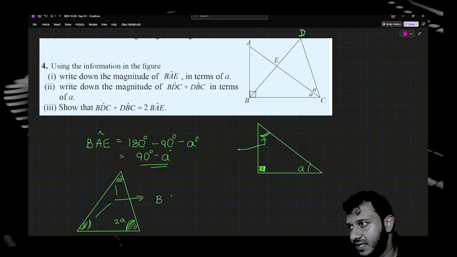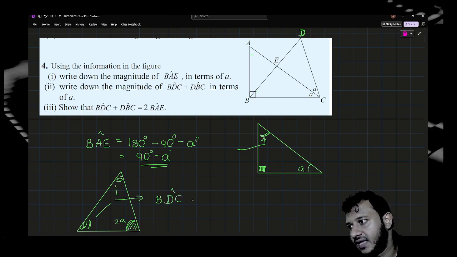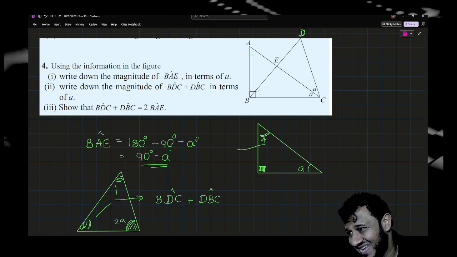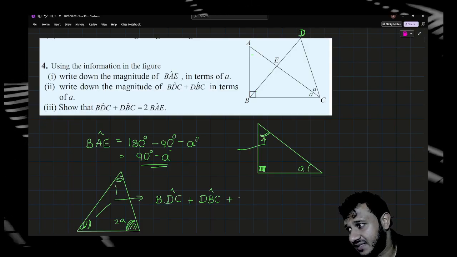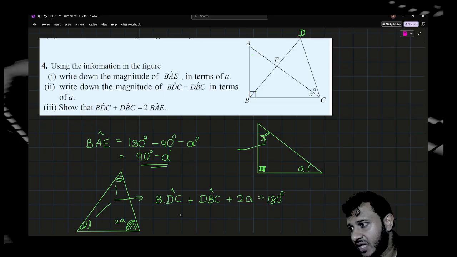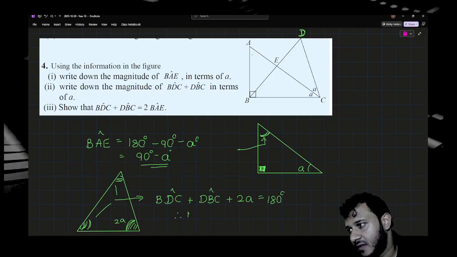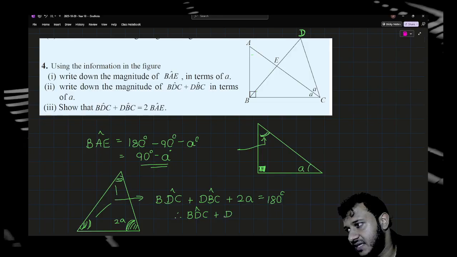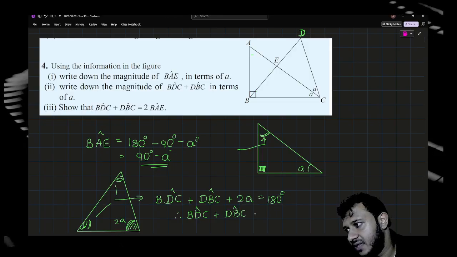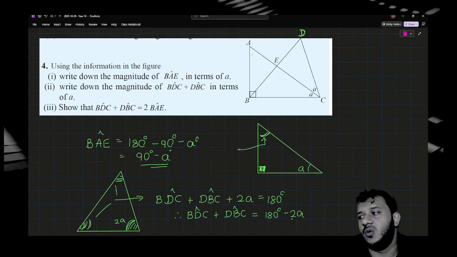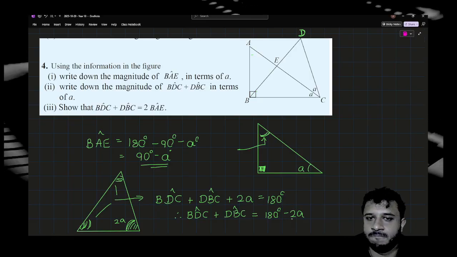We know BDC angle plus DBC angle plus that 2A angle should add up to 180. So that means BDC angle plus DBC angle should be 180 minus 2A, Pute. 180 minus 2A.